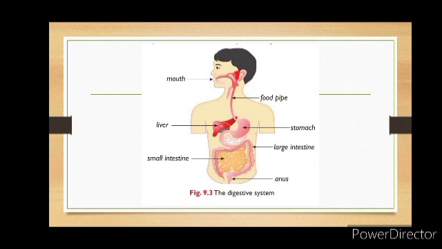The large intestine absorbs water from the food and forms feces, and the feces pass out of our body through the anus. The anus is the last part of our digestive system. Students, now let's watch a small video about the digestive system.